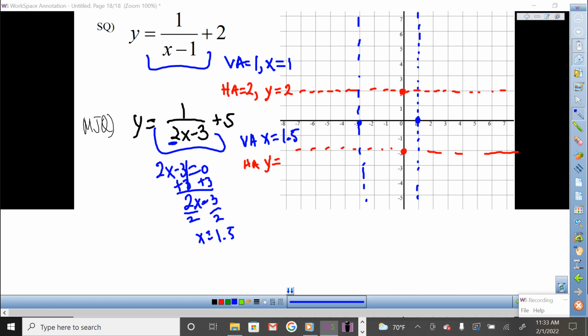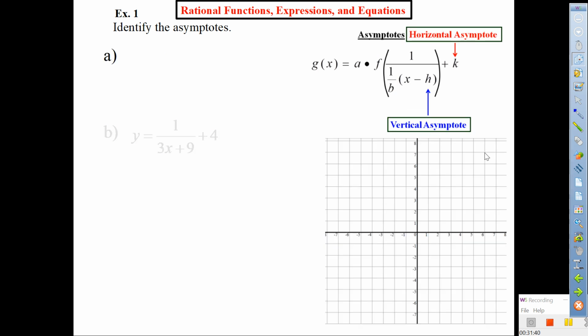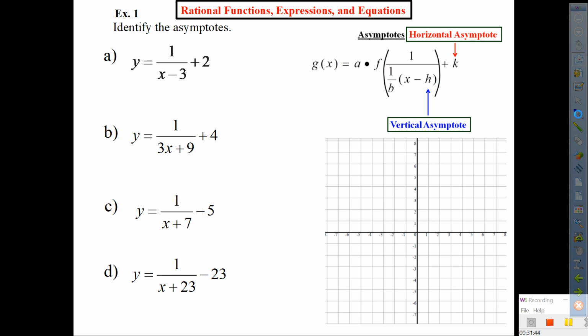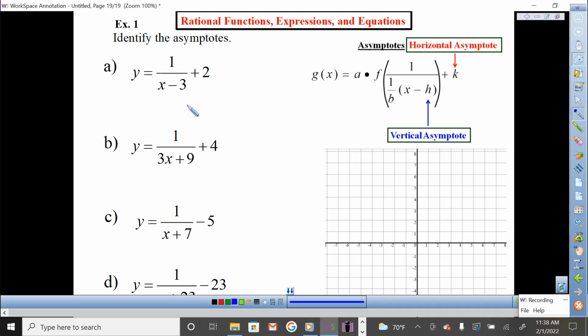Alright, with that said, let's do some practice ones. Copy this, example 1, A, B, C, and D. Actually, skip 1A. We'll come back to that one.